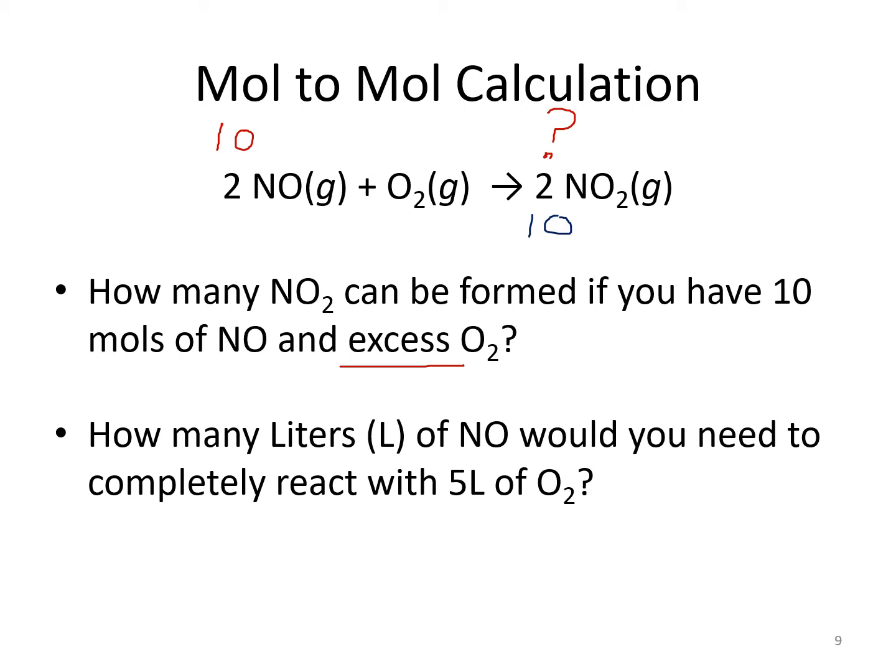Where did I get that number from? Well, by looking at the ratios, right? The coefficient in front of nitrogen monoxide is 2. The coefficient in front of nitrogen dioxide is also 2. Because these coefficients are the same, however many moles of nitrogen monoxide I have, I will have that same amount of moles of nitrogen dioxide gas.